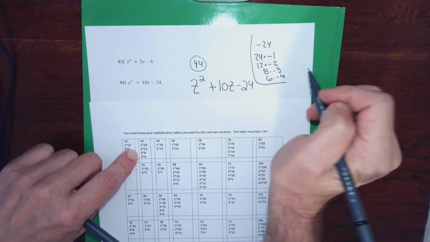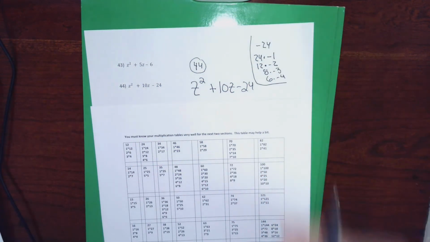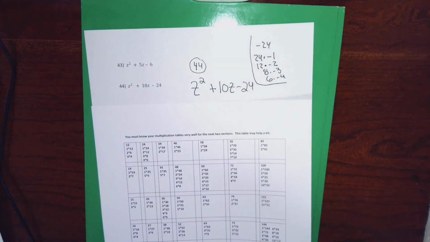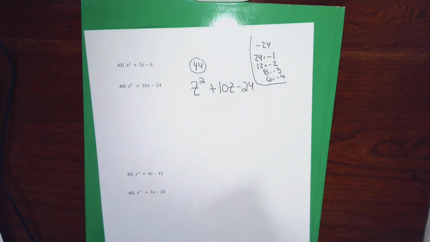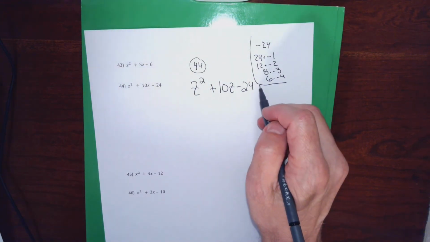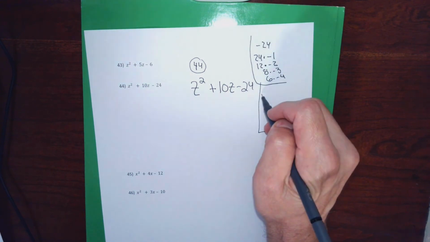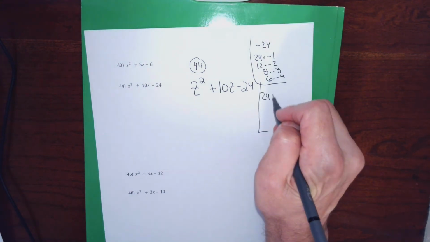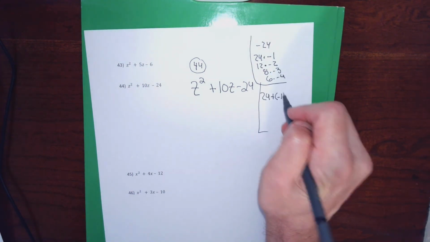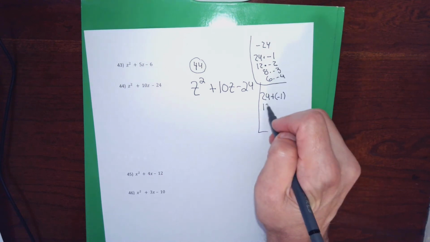Theoretically, you're supposed to just know this in your head and not write any of this down. Usually when I factor, I just write the answer down. If I was solving the factoring for this problem on my own, I would just write the answer down because the math that needs to be done, I can do in my head. And really the only math that needs to be done is finding the pair that works.